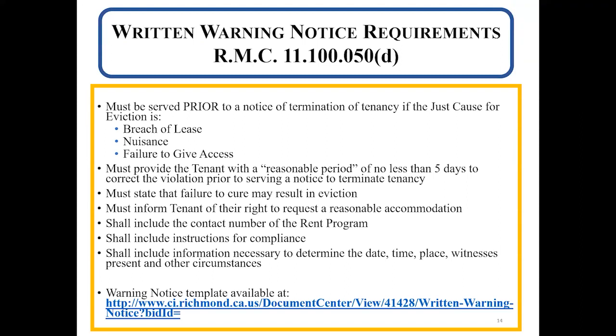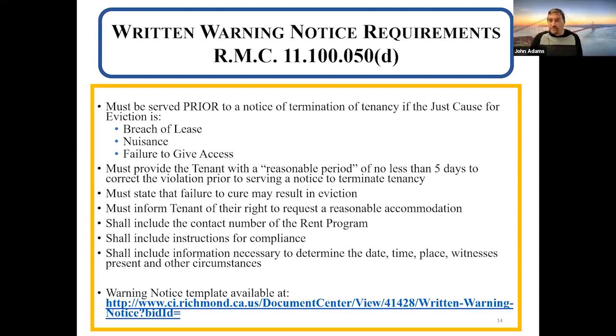Cuando se intenta un desalojo por causa justa, que son quebramiento de contrato, molestia o fallar en dar acceso, se requiere que se le dé un periodo razonable que no sea menos de 5 días a los inquilinos para darles la oportunidad de arreglar la situación.